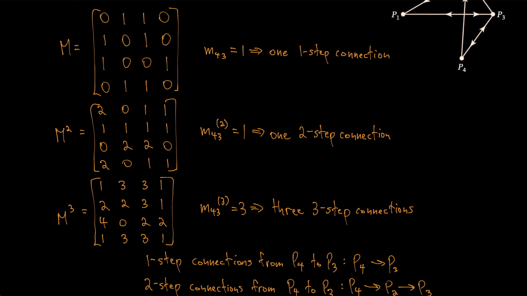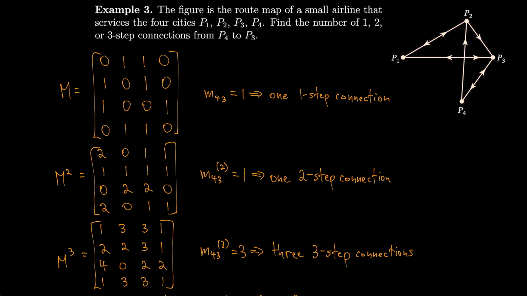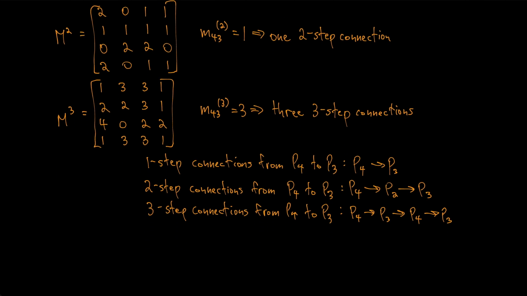Okay, how else could we do it? Well, we could also go from P4 to P2, and then go to P1, and then P3. It's kind of a natural 3-step connection.